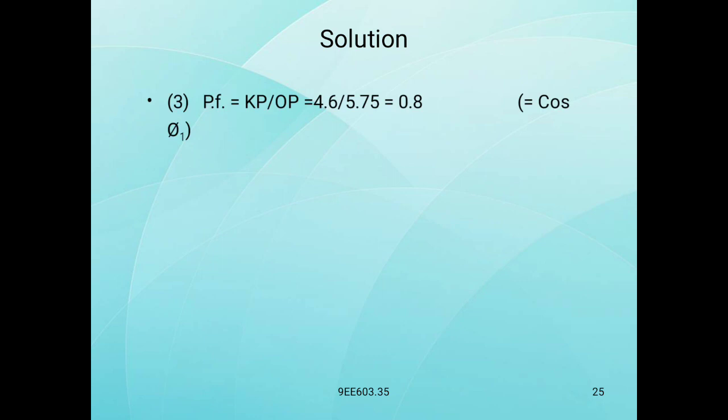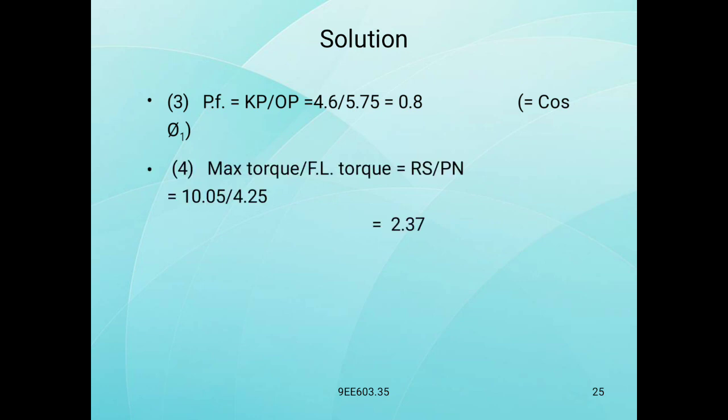Power factor is KP by OP, that is 4.6 by 5.75, that is equal to 0.8. Maximum torque by full load torque is RS by Pn, that is 10.05 by 4.25, that is 2.37.